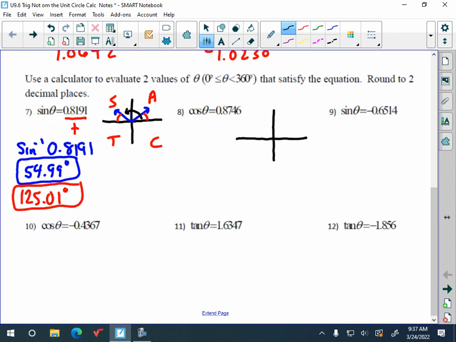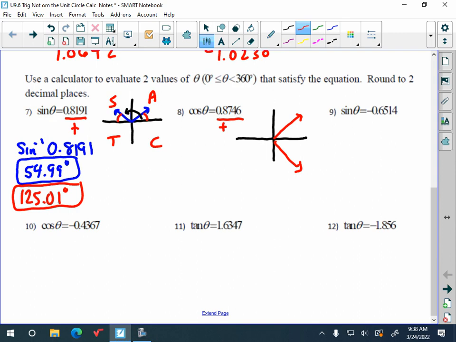All right. So number 8, cosine, and it has to be positive. All right, so what two quadrants is cosine positive in? Okay, everything's positive in 1, and then cosine is also positive in 4, ASTC.